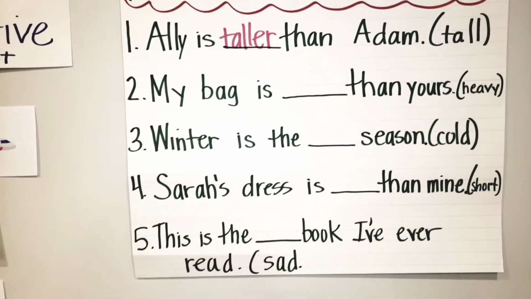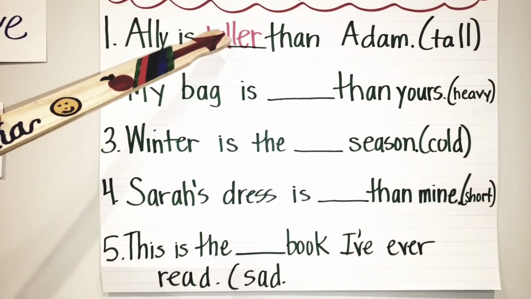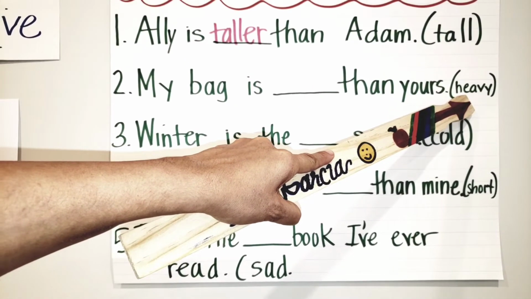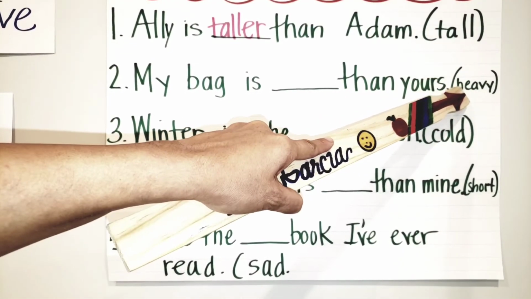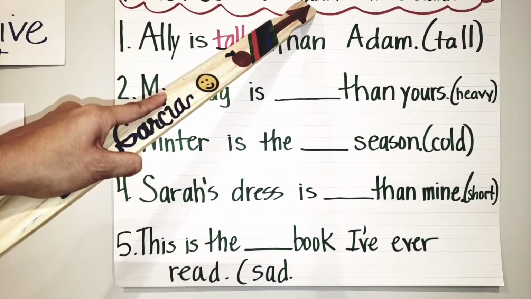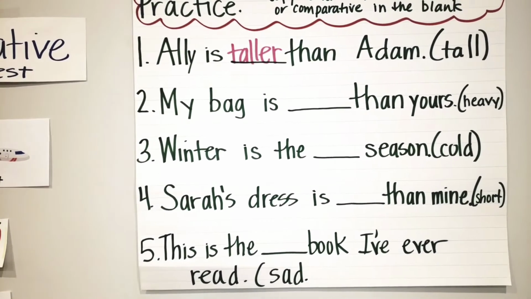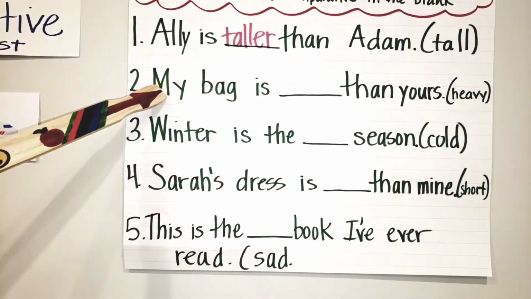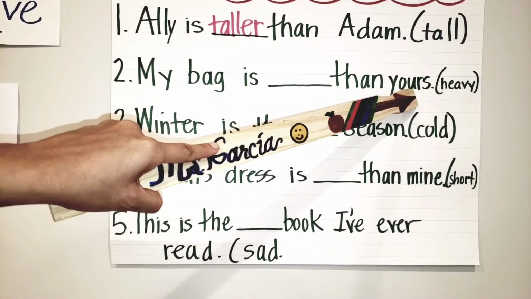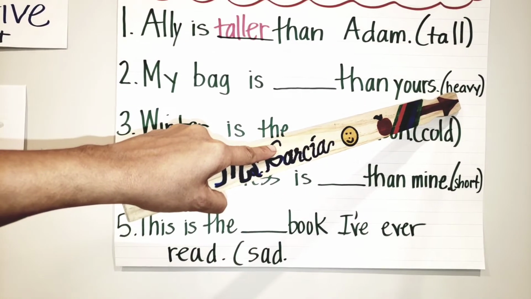I want you to copy it on a piece of paper, and then you're going to do just what I did. You're going to write the adjective, and you're going to change it. You're going to change it to a comparative or a superlative. Okay? So let's do number 2. My bag is blank than yours. The word is heavy.